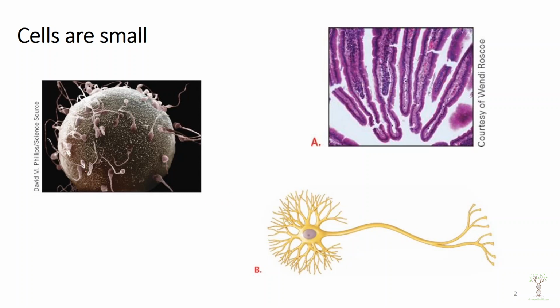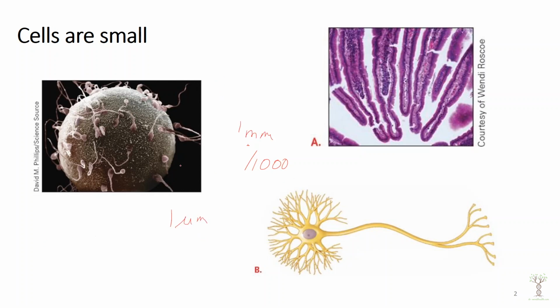Cells are very small. I want to show you this dot here. That dot is about 1 millimeter. If you take that dot and divide it by 1,000, then each of those 1,000 dots is 1 micrometer.